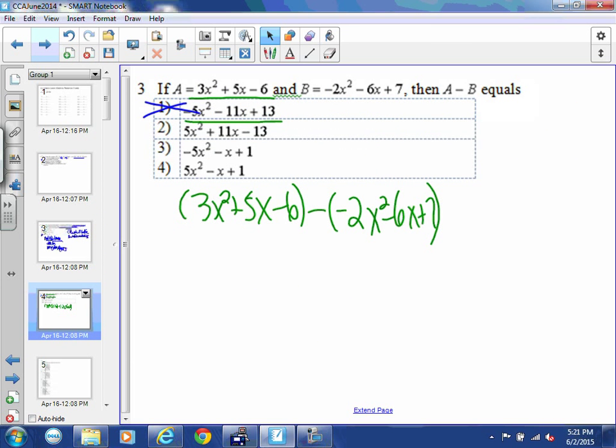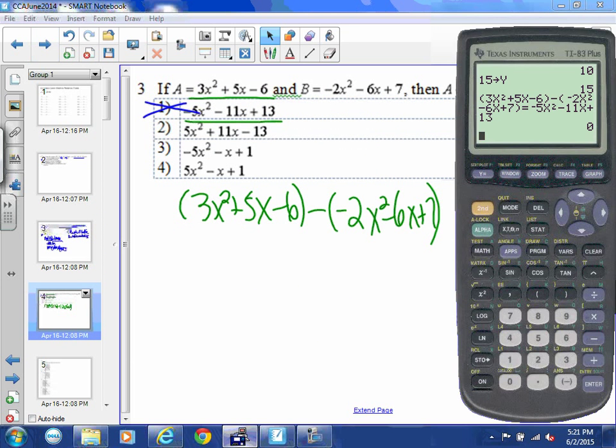So, when I type in choice 2, I do 3x² + 5x − 6 minus (−2x² − 6x + 7), second math equals choice 2, 5x² + 11x − 13.